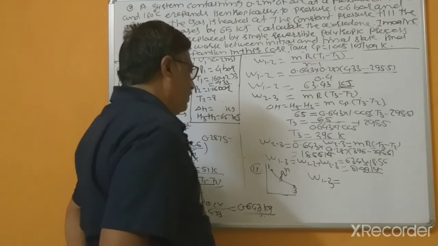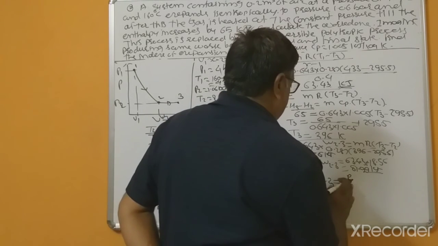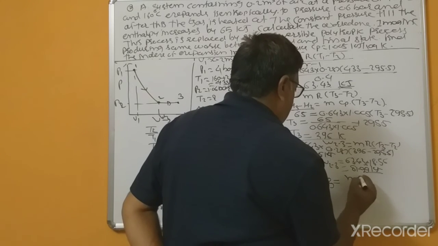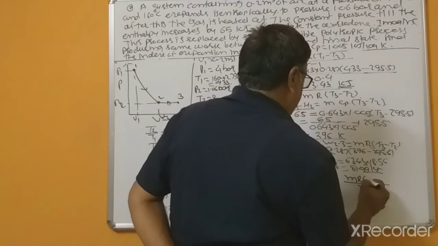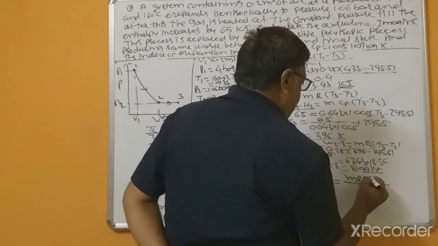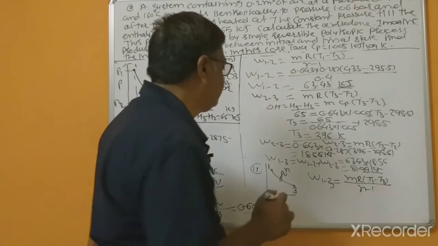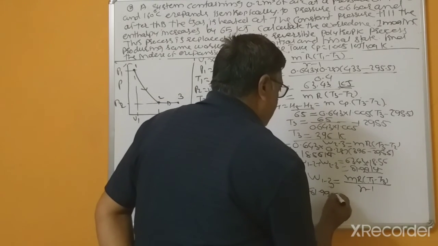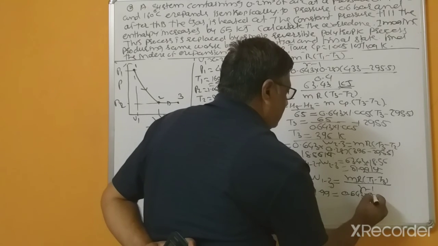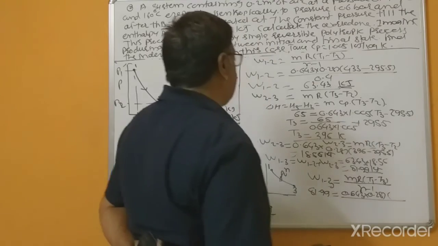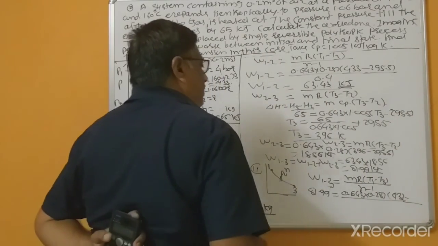So we can write mR (T1 minus T3) divided by n minus 1, equal to 81.99, with m equal to 0.643, R 0.287, T1 433, T3 396.